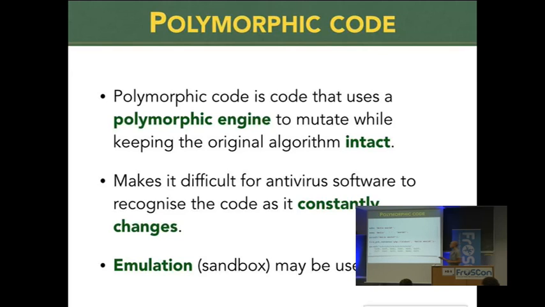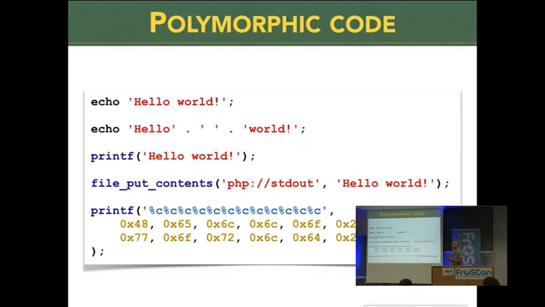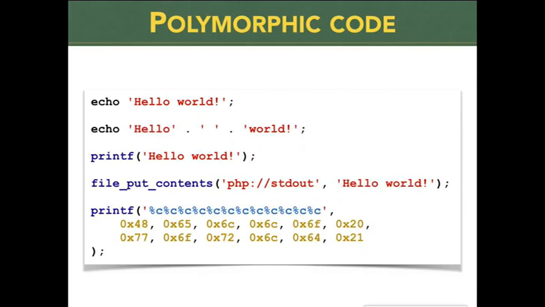For example, if we have these 5 lines of code, all these lines print the same. They print hello world, but they do it in different ways. For example, the first one is easy, this one also. The fourth one uses stdout to print it, and the fifth one goes character by character.